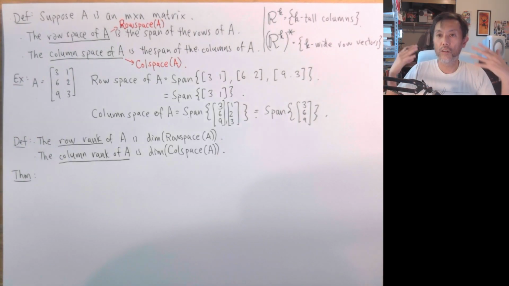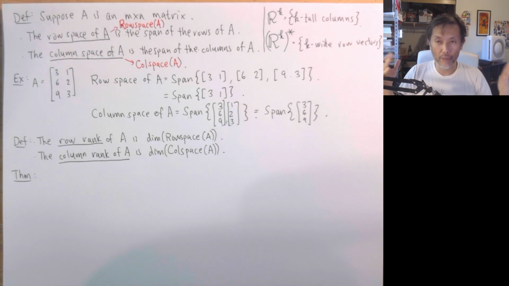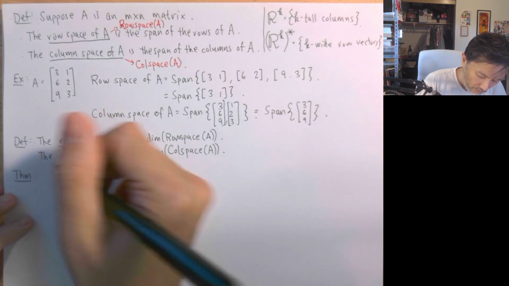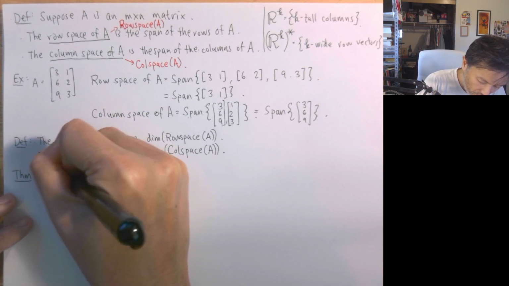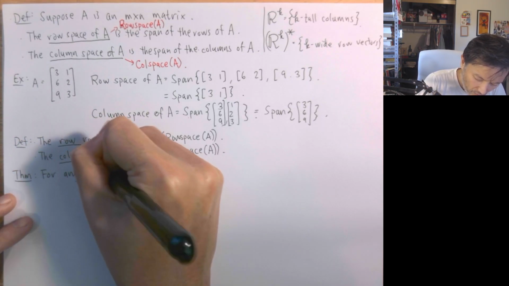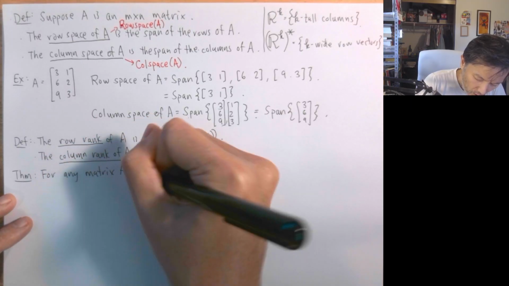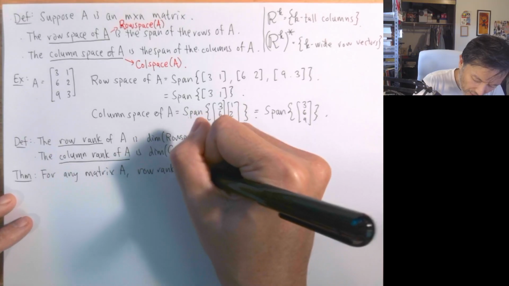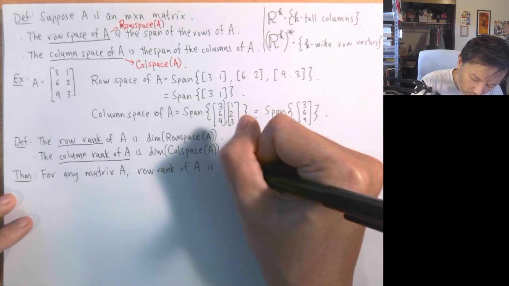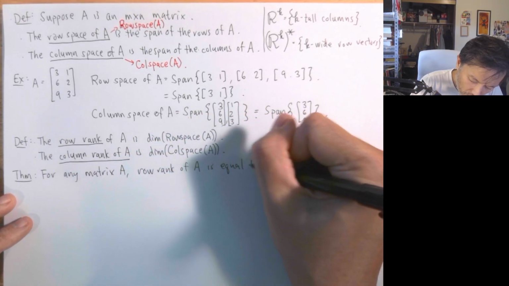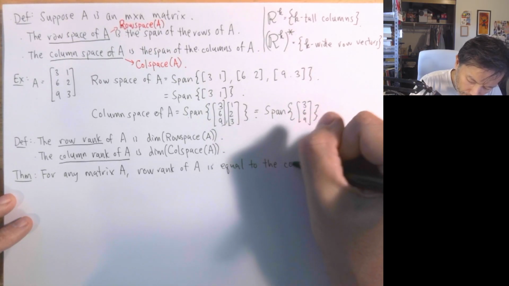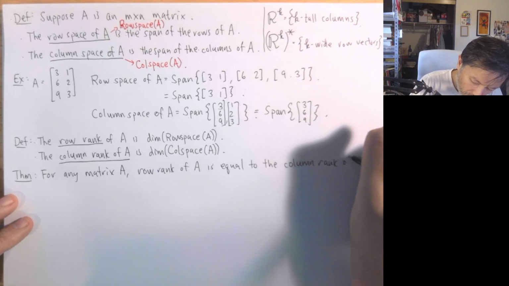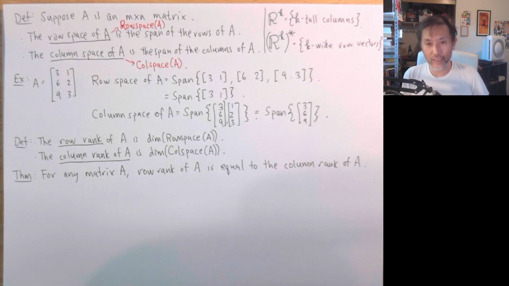That is what happens all the time, always, for any matrix A. For any matrix A, row rank of A is equal to the column rank of A, which is crazy, okay?